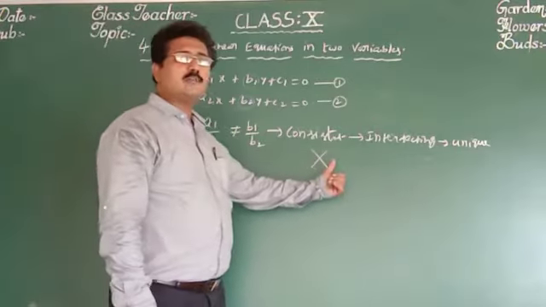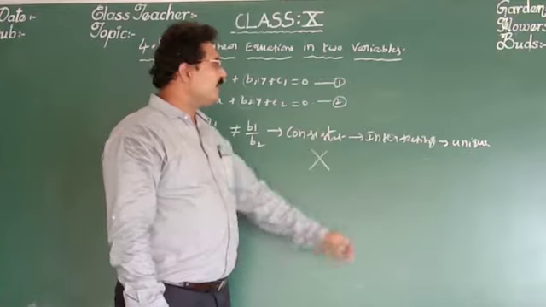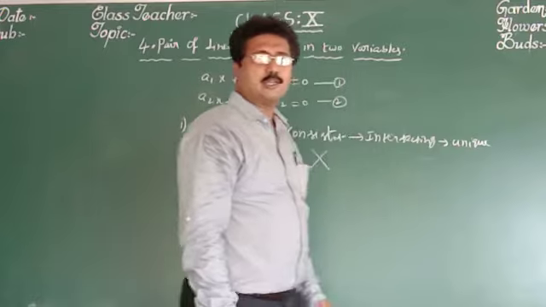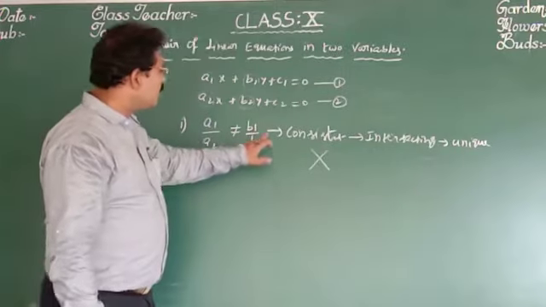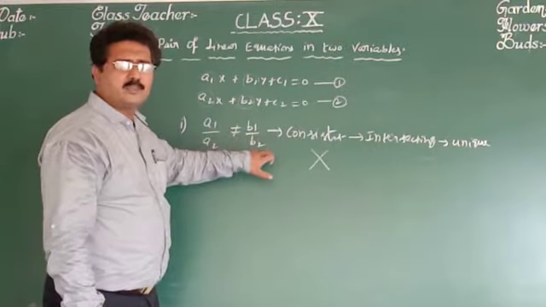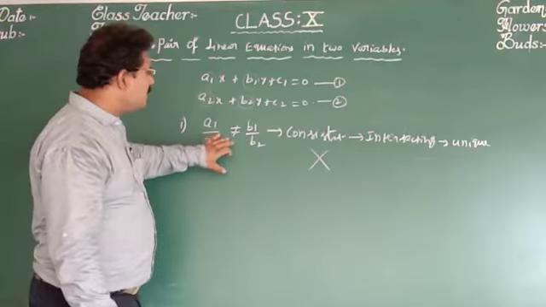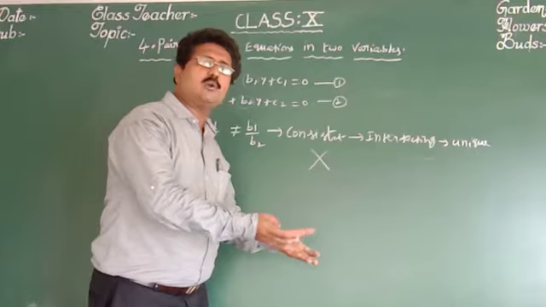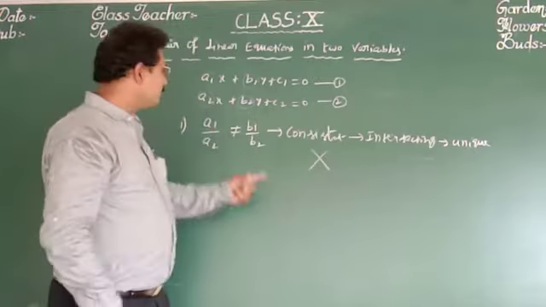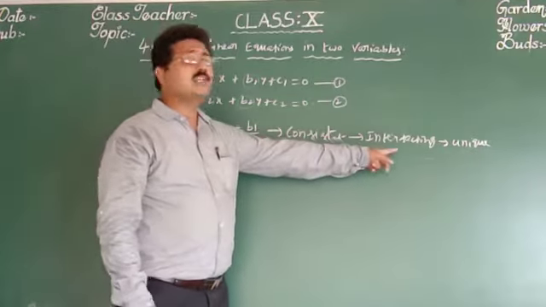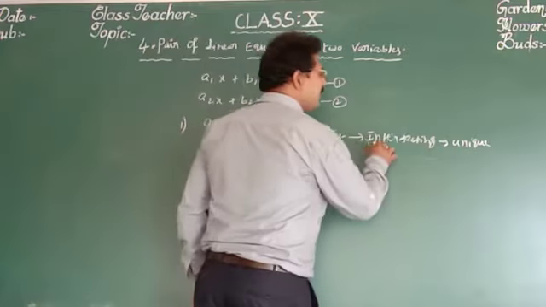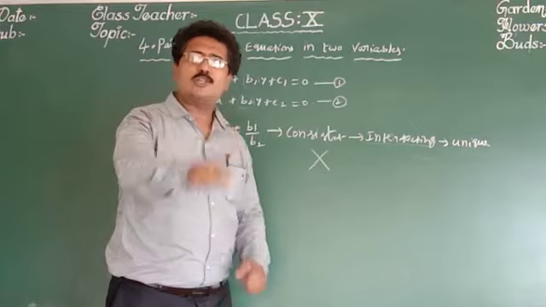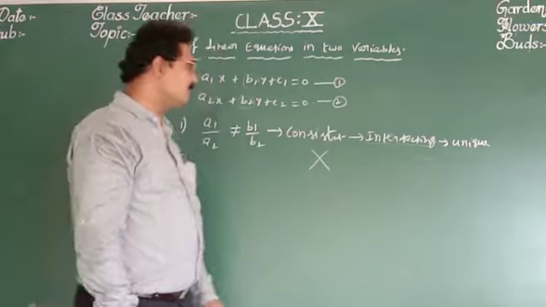Then those two equations are consistent, they are intersecting lines, and have a unique solution. Don't bother about c1 by c2. If a1 by a2 is not equal to b1 by b2, whether it is equal to c1 by c2 or not, those two equations are consistent, they are intersecting lines, and have only one solution.